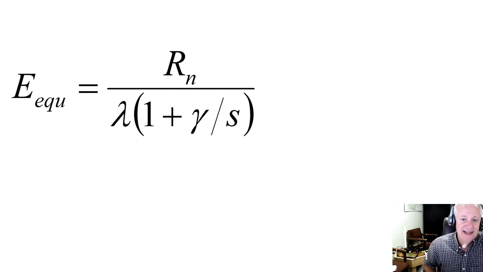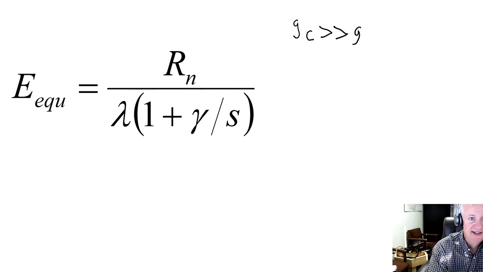This is the opposite situation. So in this case, this is the situation when GC is much, much larger than GA, or another way to think about it is GA is quite small.